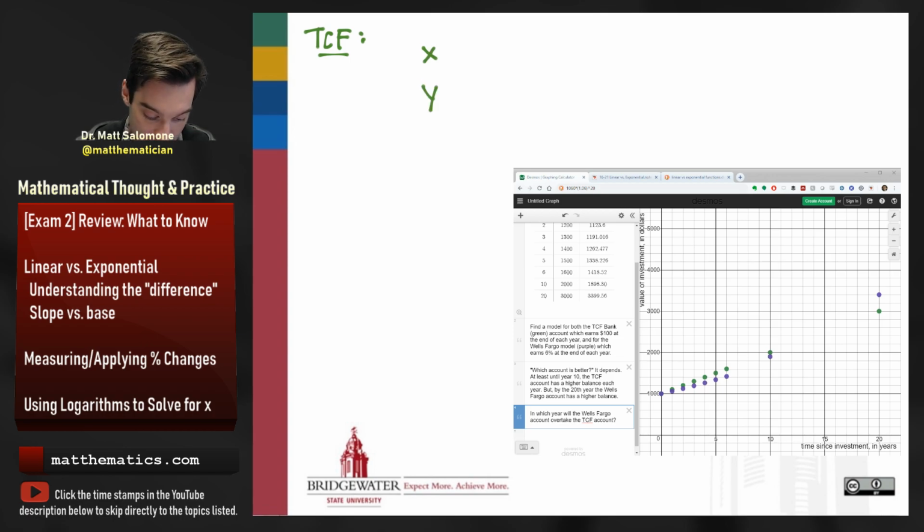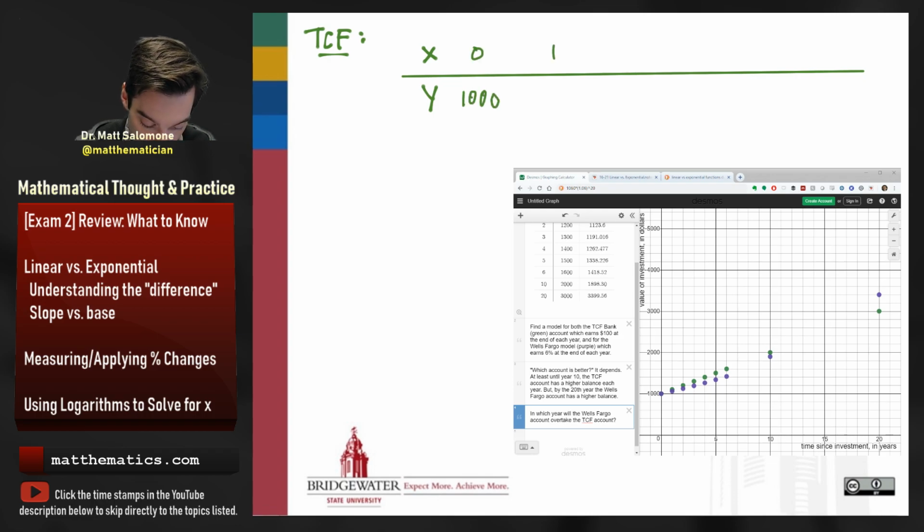I'm just going to copy the data table down onto my screen here real quick. We're going to use this data table to come up with our equation. In year 0, the value of this account is $1,000. In year 1, the value is $1,100. In year 2, the value is $1,200. In year 3, it's $1,300, and so on and so on.